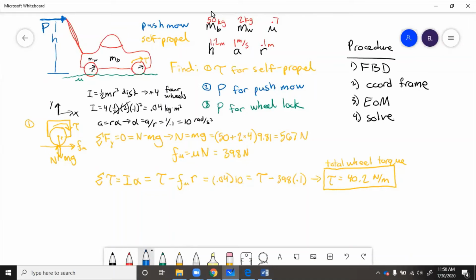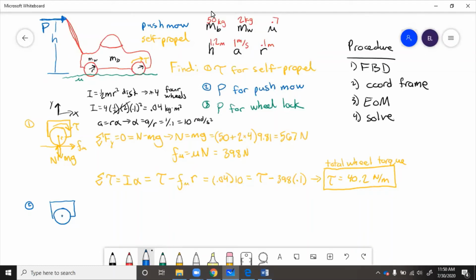So now, what if the person is going to be pushing without the self-propel? So we'll draw that free body diagram. Say we've got wheels and mass.